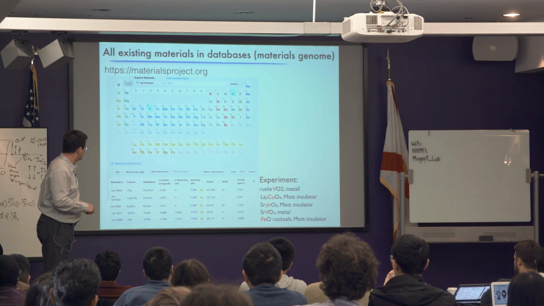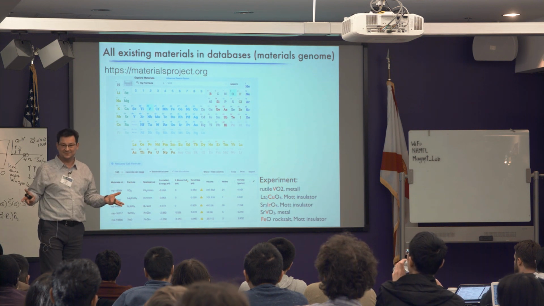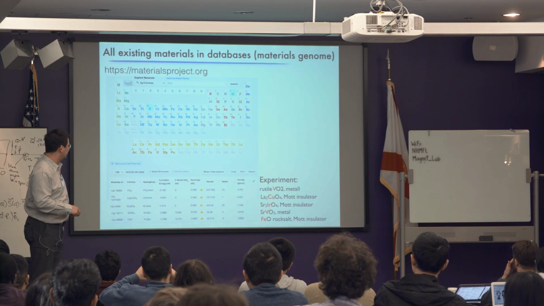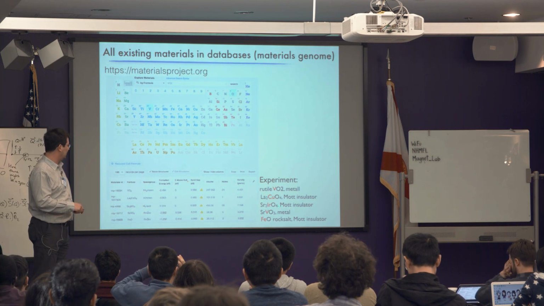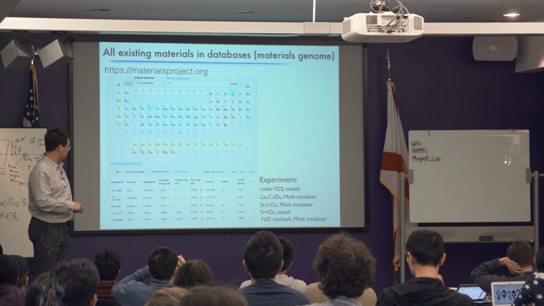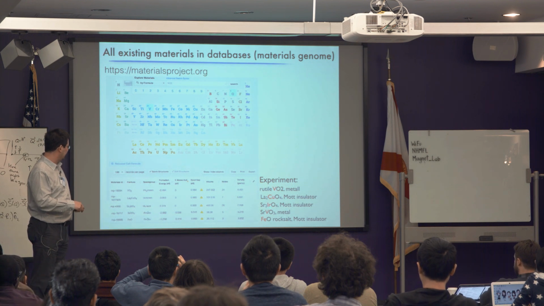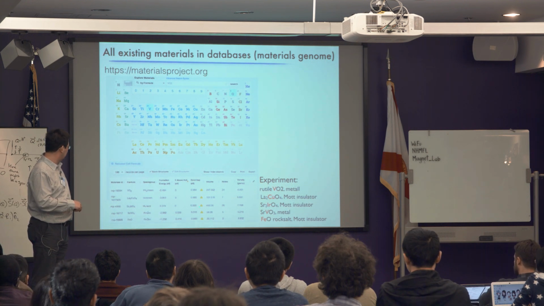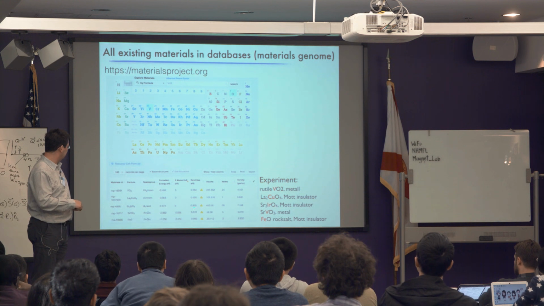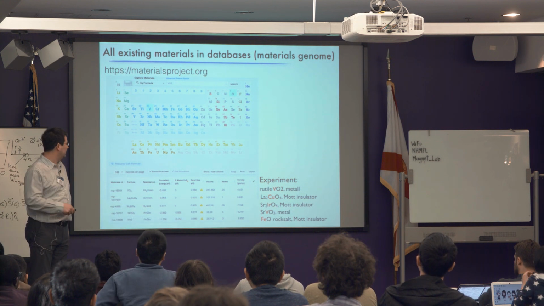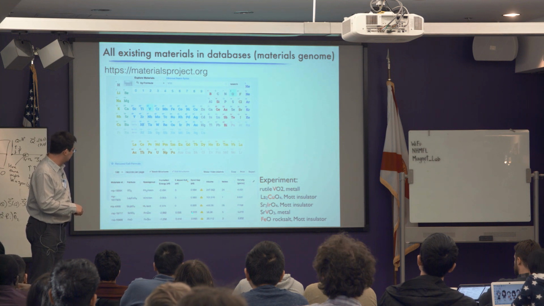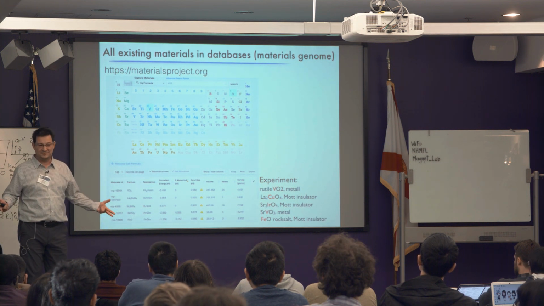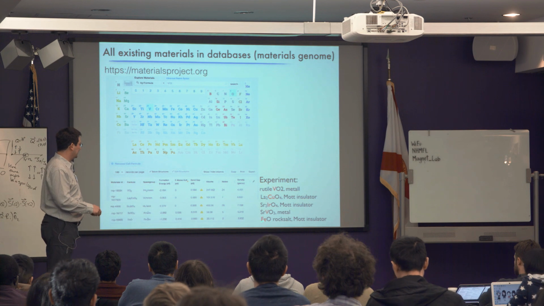Then you look at the database, it doesn't have a gap, so it's a metal according to the database. Then you look at Sr2IrO4, which we heard about in Rebecca's discussion. So this is a Mott insulator as well. You look at the band gap in this database, it doesn't have a band gap. Then you look at SrVO3, it's metallic. Well, you look at this database, it has a gap of 0.3 eV. So all of them are wrong.